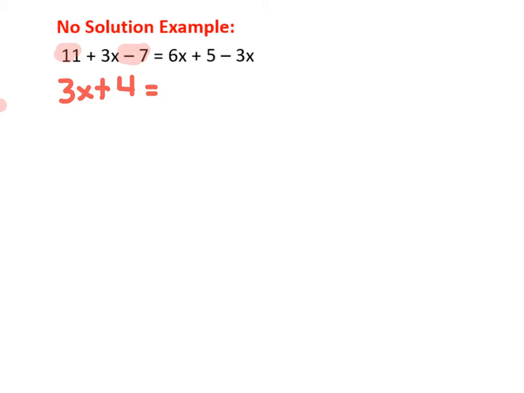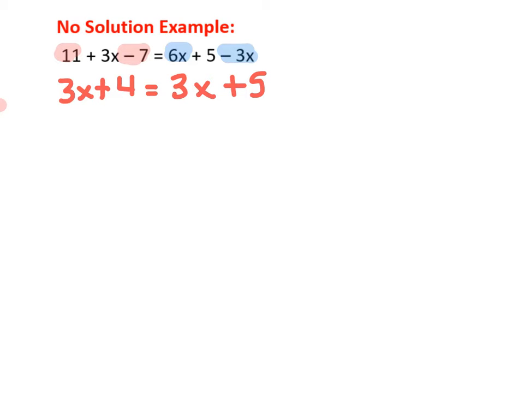On the right-hand side of the equation, we have 6x and negative 3x are like terms. So we can combine our like terms, so 6x minus 3x becomes 3x, and then we continue to add that plus 5.